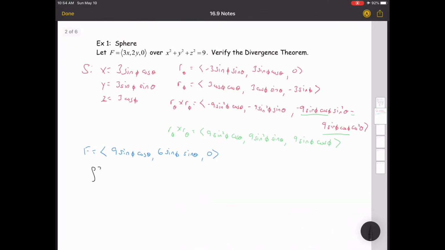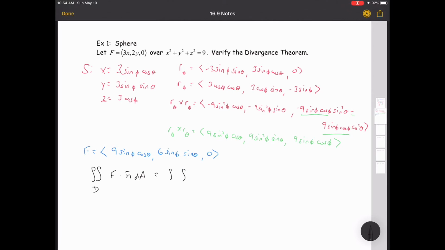So it's the double integral over our force dotted with n dA. Okay, so we're going to have our double integral, leave some space to put our bounds in there.